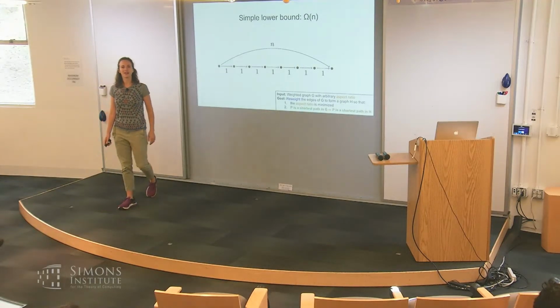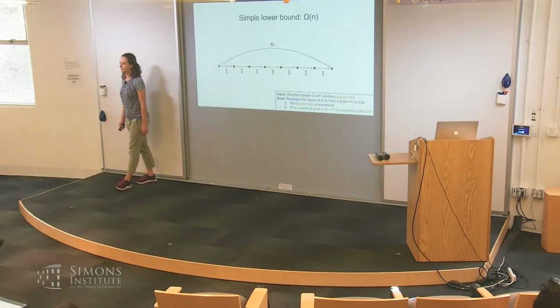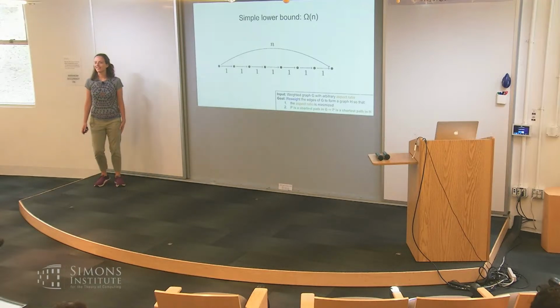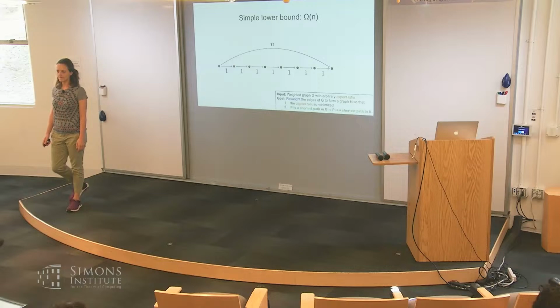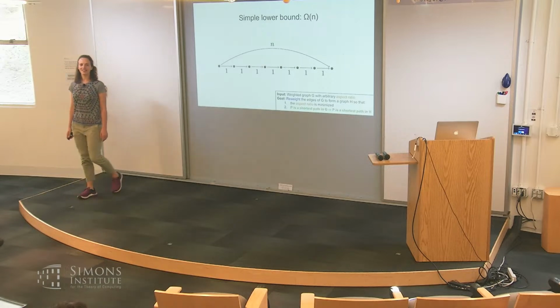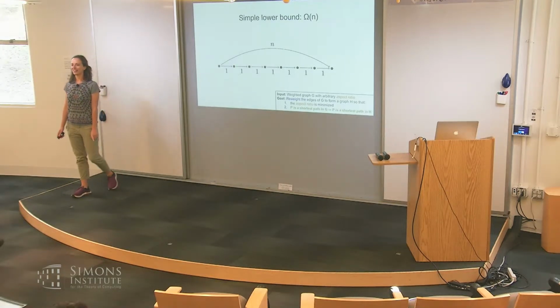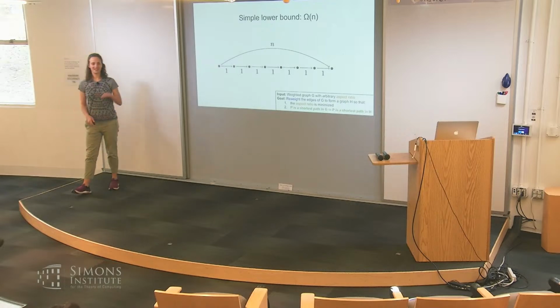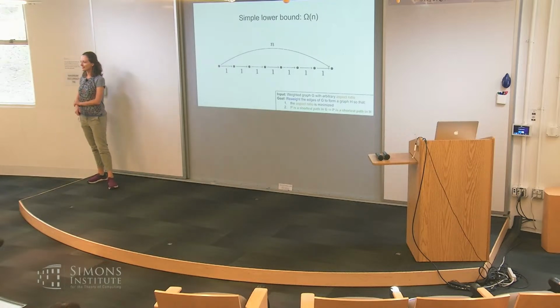Yeah, you could assume that. So here, the n-weight edge doesn't participate in any shortest path, right? That's right. We just ignore all these edges. Yes, that's right. So it turns out that you can construct examples where all of the edges participate in shortest paths and you still get a lower bound like this.